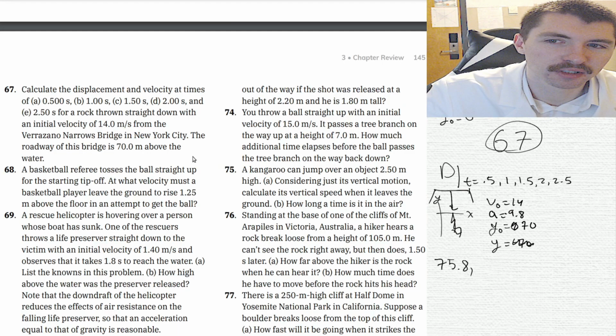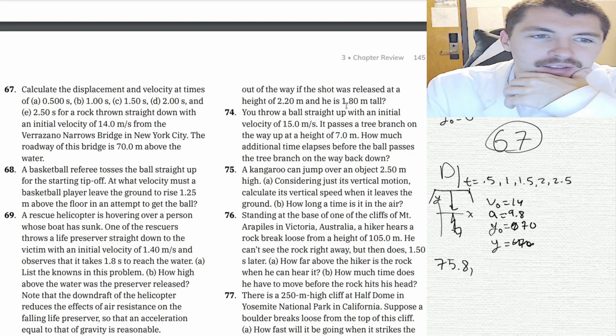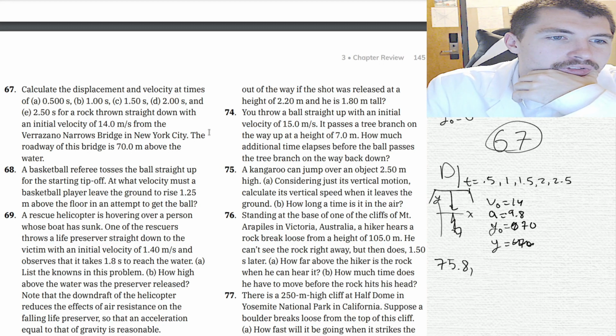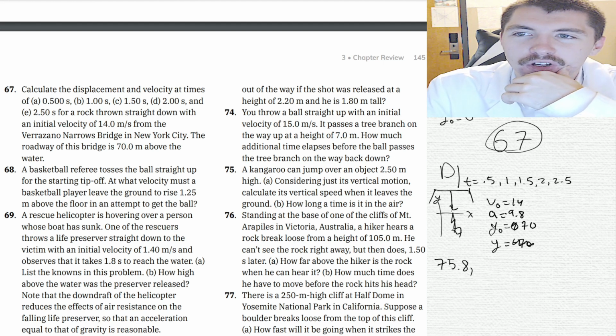Now, does this make sense? So this is the water, so it's saying it's going 5.8 meters below the water.